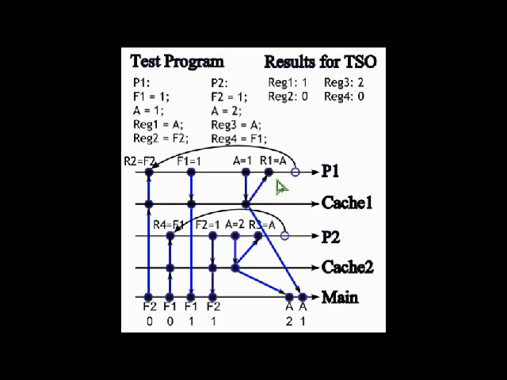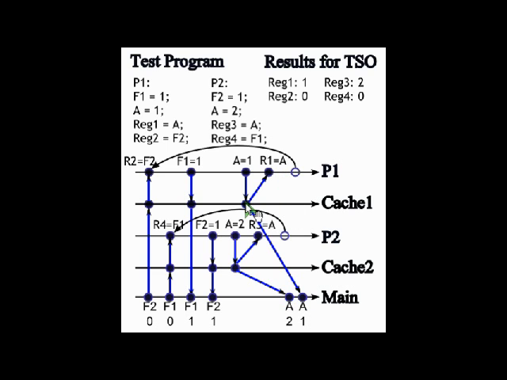The second feature of TSO that is different from sequential consistency can be seen right here. And this is what's called early read of writes. What it means is that when a write followed by a read of the same location happen on the same core, the same timeline, then that local read can see the written value before other cores can see that value.